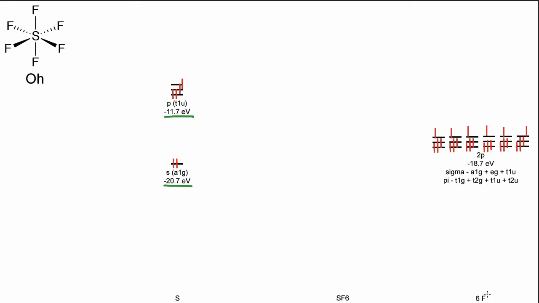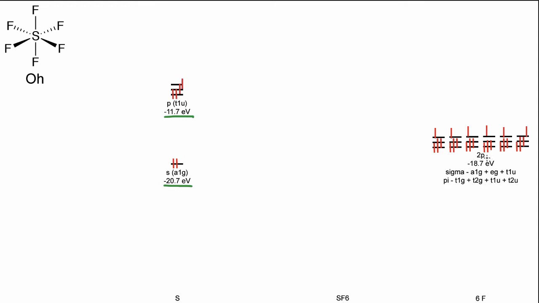In the case of the 6 fluorines that are going to be bound to that sulfur, we've previously determined that the sigma binding SALCs are going to have the symmetries of A1g, Eg, and T1u. And in the case of the pi binding SALCs, the symmetries will be T1g, T2g, T1u, and T2u.